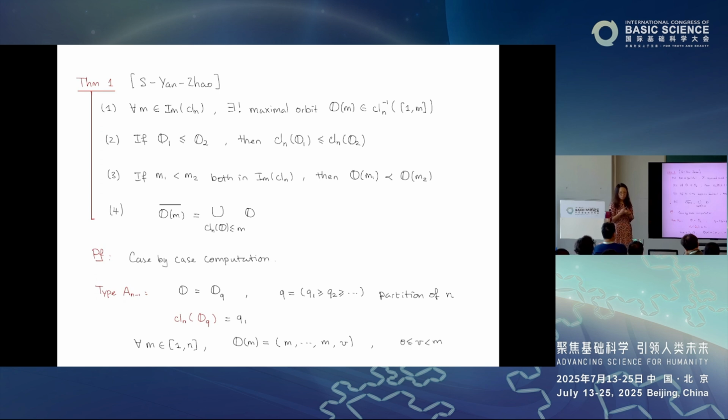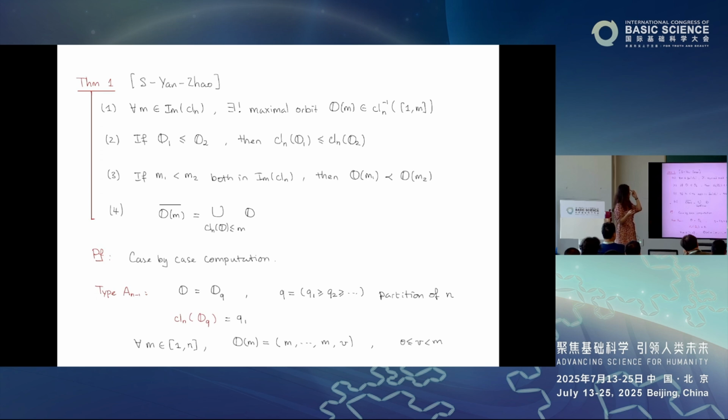So this gives you a way to assign a nilpotent orbit to any integer which belongs to the image of this map. Further, if one orbit is smaller than the other, its value under this level map is also smaller.